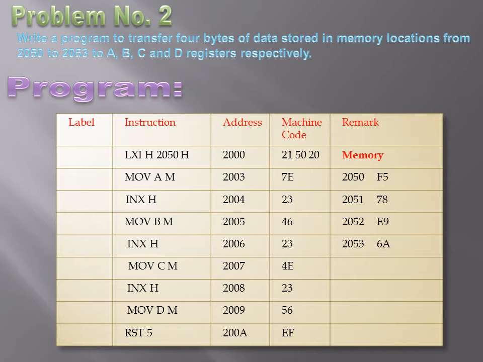So we start with LXI H, 2050, to be used as a pointer because we are moving the data from memory to the registers.